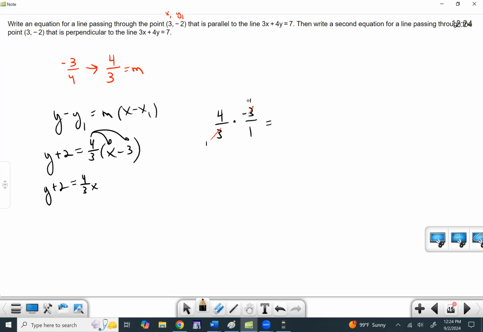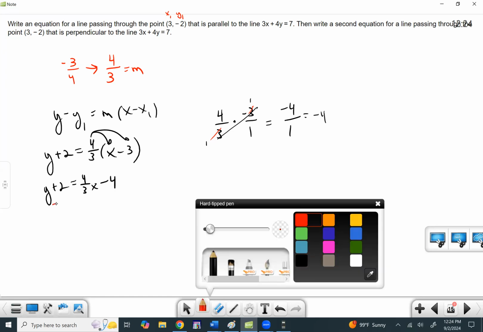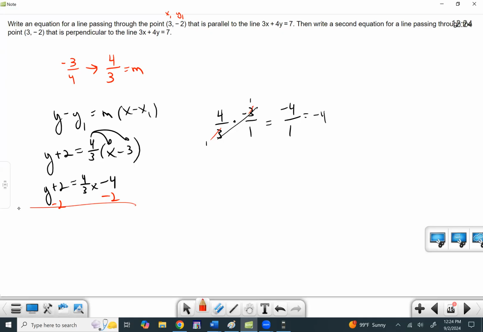So 4 times -1 is -4, and 1 times 1 is 1. And -4 divided by 1 is just -4. Remember that 1 in the denominator doesn't matter. It's super nice that these 3's go away, so that gives us a whole number. Yay for whole numbers. So take away 2. Let's see what we got. Those cancel.